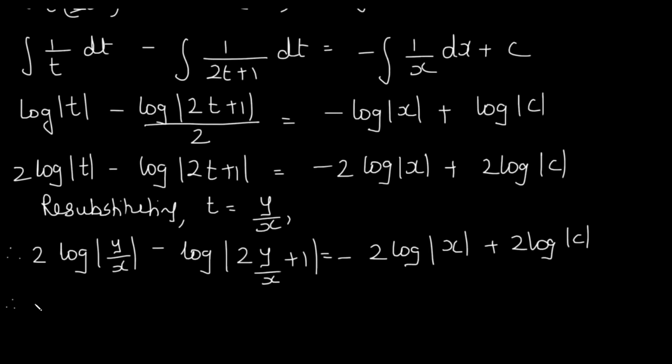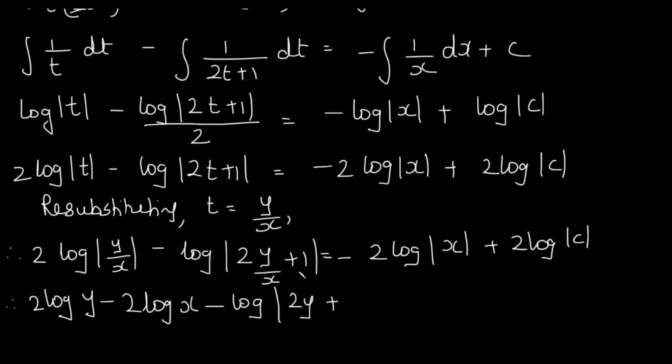So we get 2 log y minus 2 log x, minus, again the same thing is done over here also, log of 2y plus x upon x, which can be written as minus log x. This way we separate out the logs.